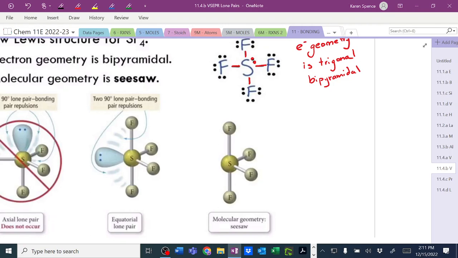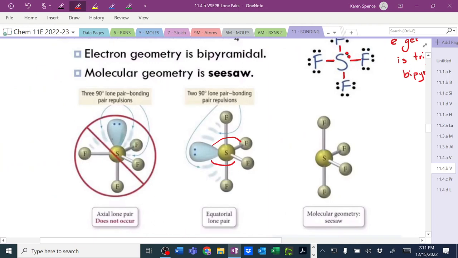It's because there is less repulsion there, since we have 120-degree bond angles between those, whereas the axial position has 90, 90 and 90. So it is better for the lone pair, which is more repulsive, to go in that middle section.